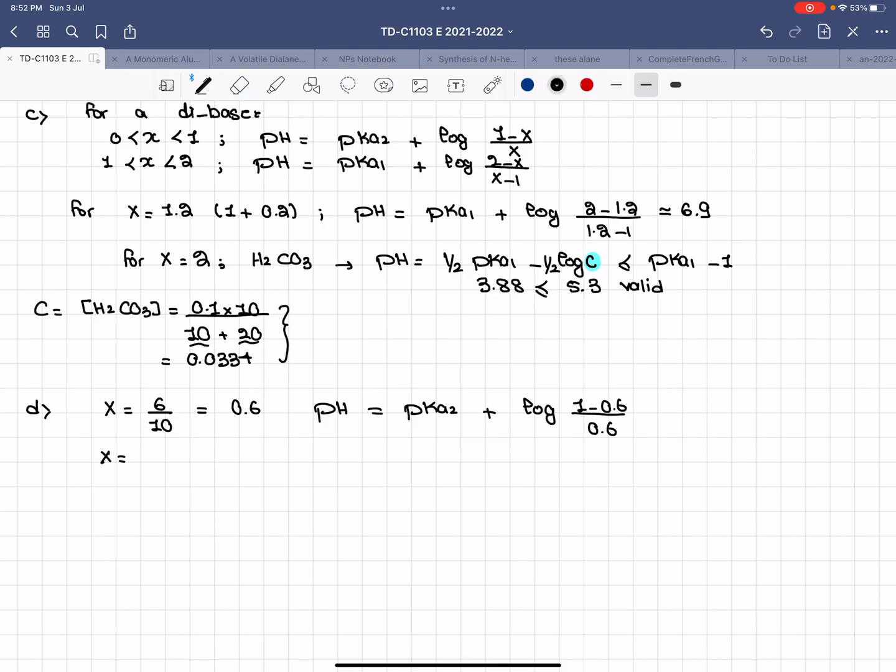For x equals 10 divided by 10, which is basically 1, ampholyte, half pKa1 plus pKa2. And that's basically it.